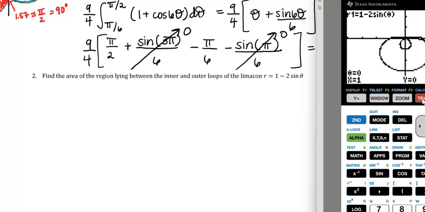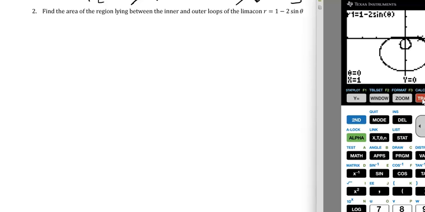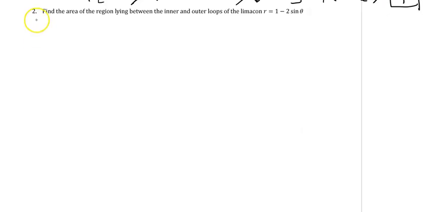I'll just give a rough sketch of what this looks like on here.